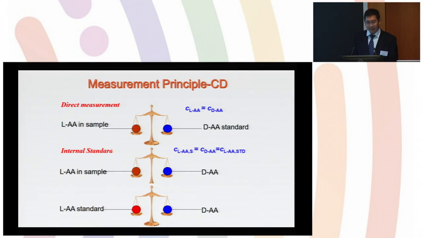We can also set up an internal standard method. In this way, we add D-type amino acid into both samples and standards. And if the two balances are in equilibrium, we can know the amount of L-amino acid in the sample is equal to the amount of L-amino acid in the standards.